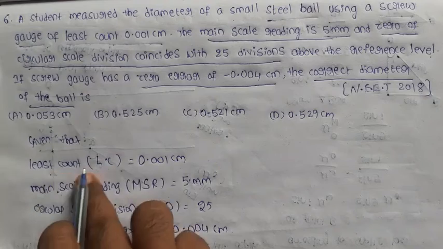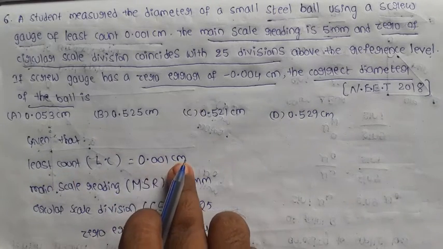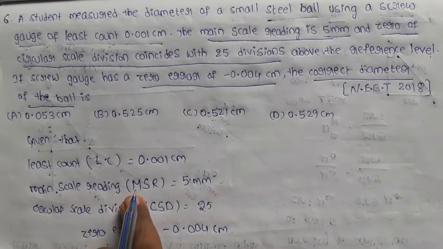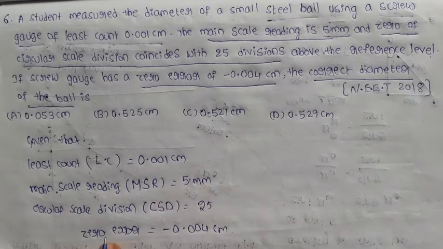Observe here, least count is 0.001 centimeter, main scale reading is 5 millimeter, zero error is minus 0.004 centimeter.